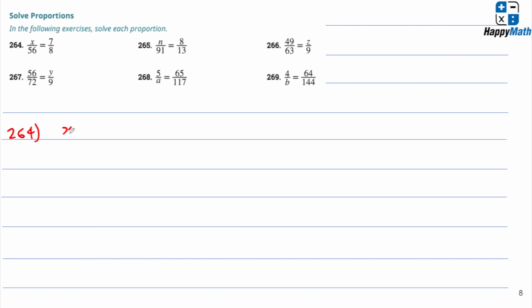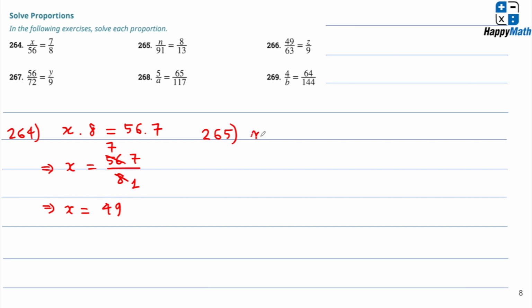64, first. 8 will be multiplied by n, equal to 56 times 7. So if I want to figure out n, I have to take 56 multiplied by 7, divided by 8, and simplify it right now. 56 simplify 8, you get here 1, here 7. 7 times 7, you get 49. Next, 265: 8 will multiply 13 cross line, and 91 multiply 8.